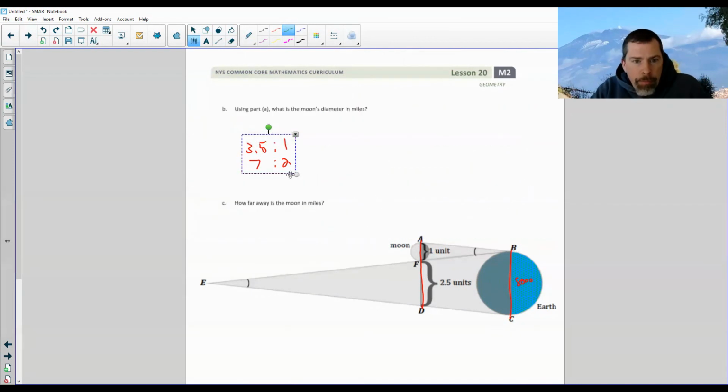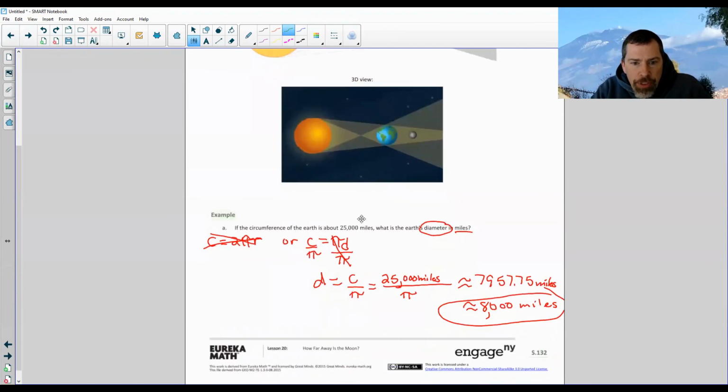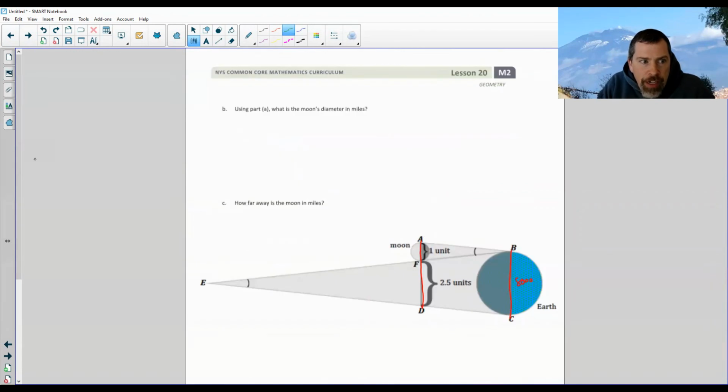If I get back to here, we're using the information here, 25,000. Okay, lost track of that for a minute. So we're saying the circumference of the Earth is 25,000 miles. So using that information of 2 is to 7 as 25,000 is to pi is how we're going to find the moon's diameter.